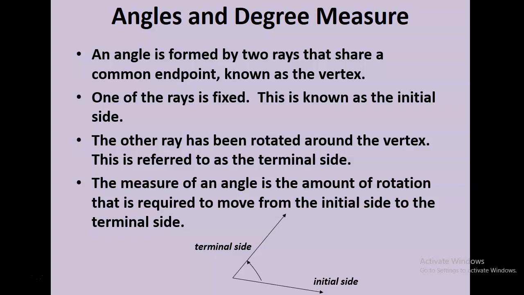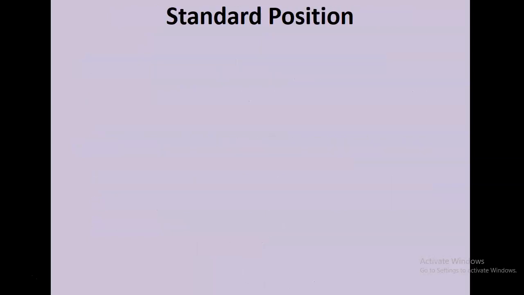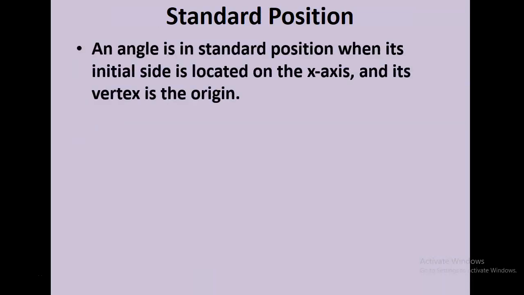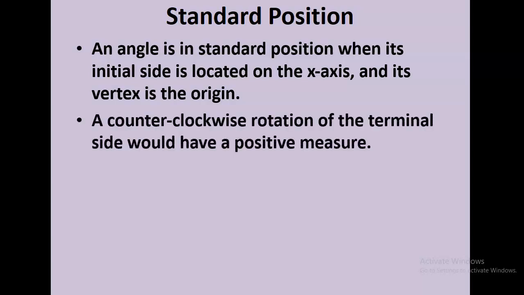So you can think of it as being on a hinge and rotating around that hinge. Now, we like to talk about angles being in standard position. Standard position is the position where the initial side of the angle is located on the x-axis, and the vertex of the angle is at the origin. We could produce a coordinate plane to fit on any angle in that manner.